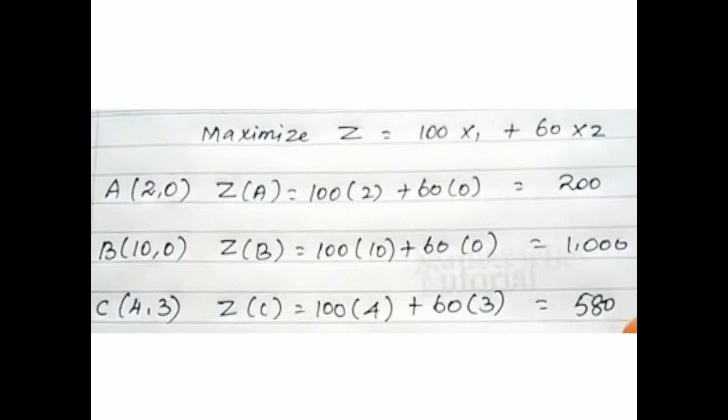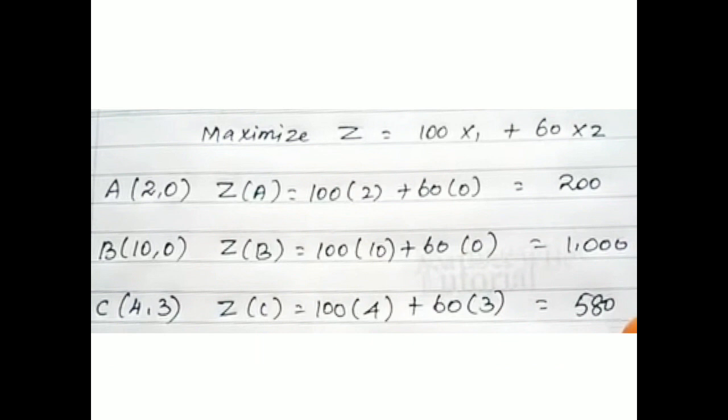Similarly for the corner point C, which represents x1 is equal to 4 and x2 is equal to 3, substituting these points in the objective function, I got the value of the objective function equal to 580.